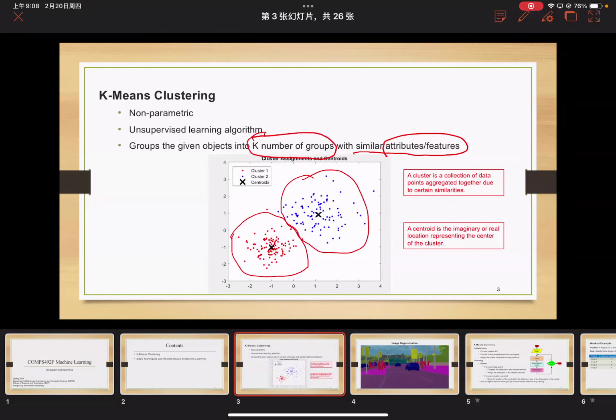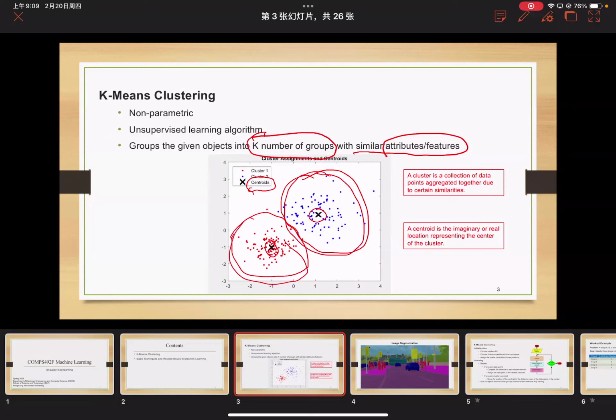And there is some terminology here. The 2 points here, the center of the data group, we refer to as the centroid. So it means the center of the data group. And these two groups of data are two clusters.